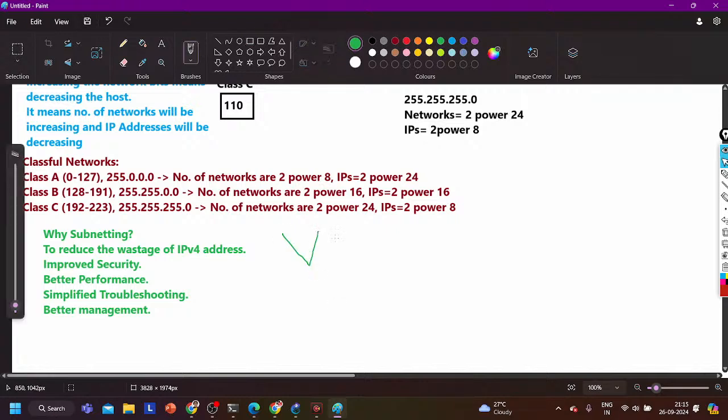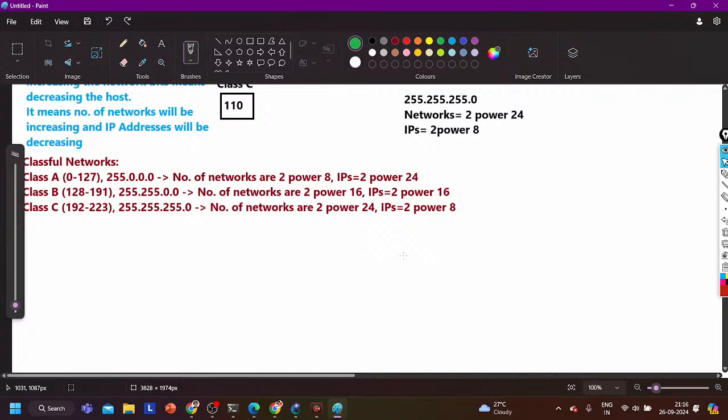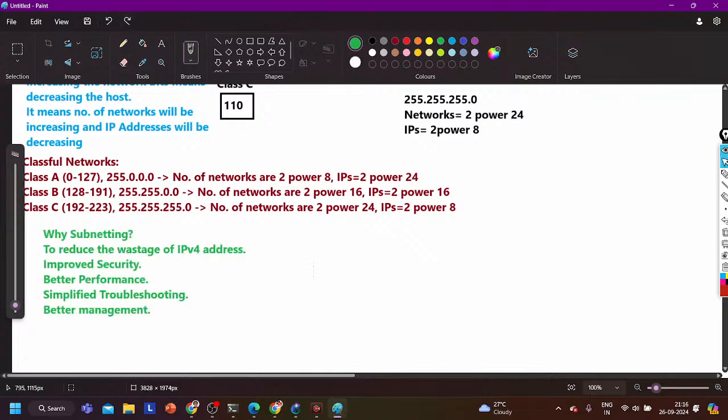With the help of VLAN also we are doing the same thing. We are dividing a large network into smaller networks. Clear, guys? So if someone asks you why we came up with subnetting, you can give this answer.